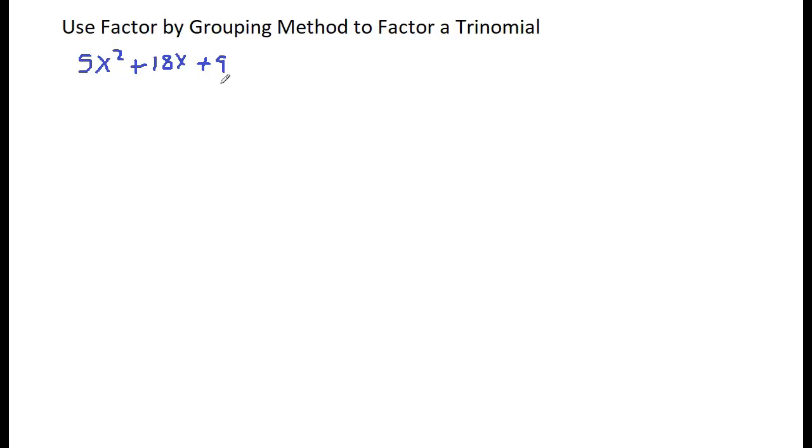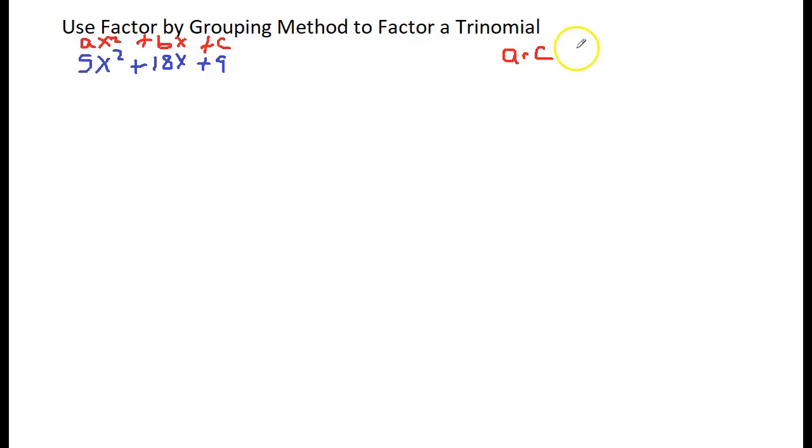So remember, these are in the form of a times x squared. So let me write this up here. ax squared plus b times x plus c. So in factor by grouping, the first thing I'm going to do is take the a number times the c number.